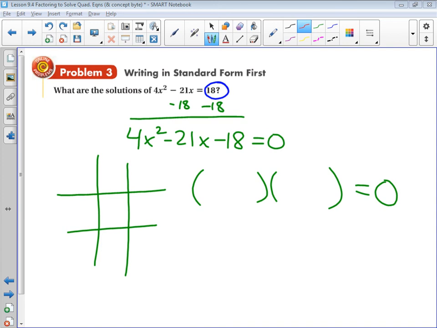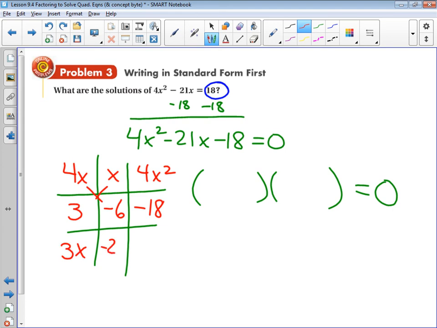Okay, to factor 4x squared minus 21x minus 18, you're going to multiply 4x times x to get 4x squared. Then you're going to multiply 3 times negative 6 to get negative 18. When you cross multiply, you get 3x. And 4 times negative 6 is negative 24x.